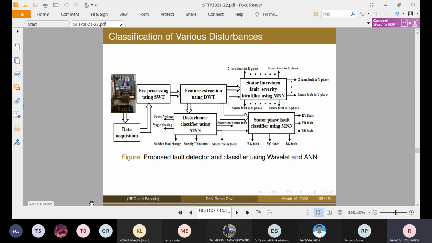Here the ANN classifier is used to identify the disturbances as well as the stator phase faults, then stator interturn faults and their severity. The severity level is 2 turns, 4 turns, 6 turns or 8 turns. That also we identify by making use of the classifier.